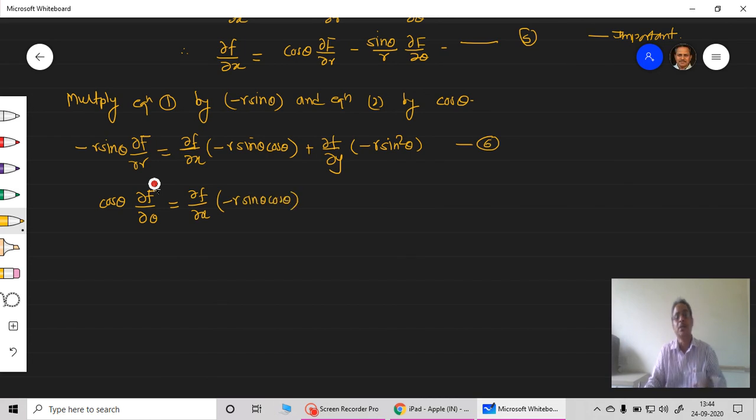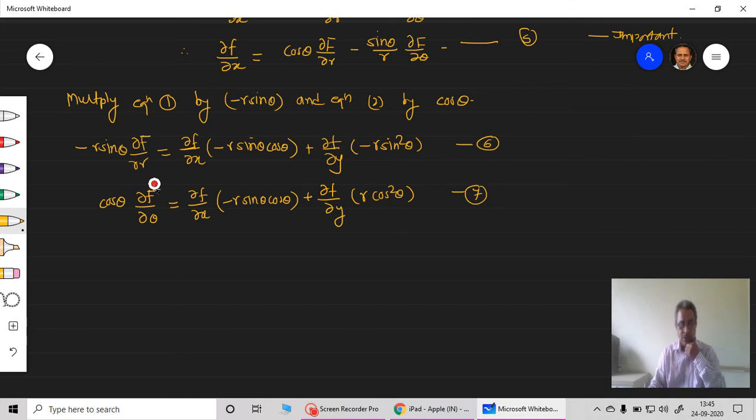Check it: earlier it was minus r sin theta, and multiplied by cos theta it becomes this. Similarly the next term is ∂f/∂y times r cos square theta. Call this equation number 7. Try to see how we have arrived at this particular equation.